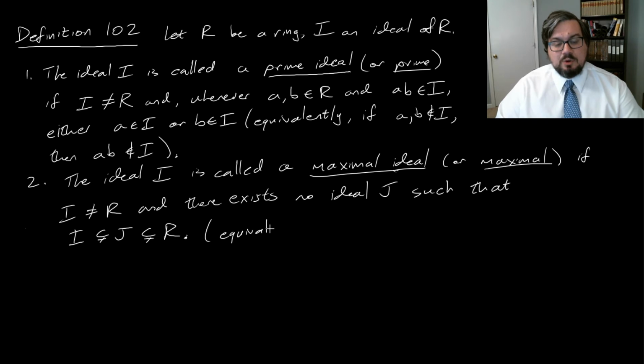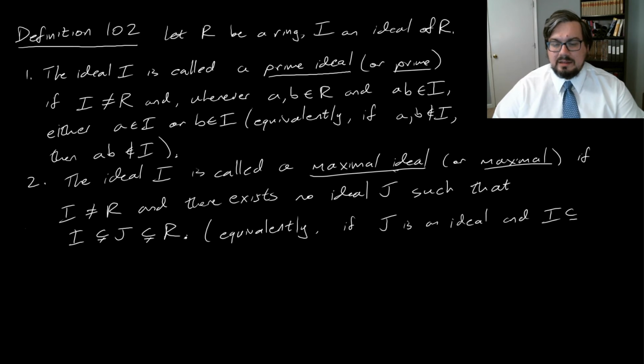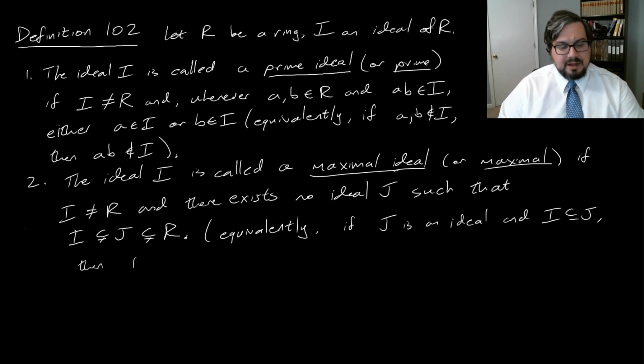This has another equivalent. Equivalently, if J is an ideal, and I is contained in J, then I equals J, or J equals the ring.